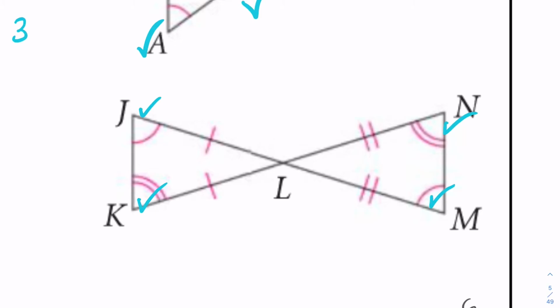Because from triangle to triangle, these are the congruent parts. There's this angle and this angle, and this angle and this angle. But notice these sides are not going from this triangle to this triangle. So within this triangle, we have congruent sides, and within this triangle, we have congruent sides. But that does not mean that from triangle to triangle, we have those congruent corresponding parts.